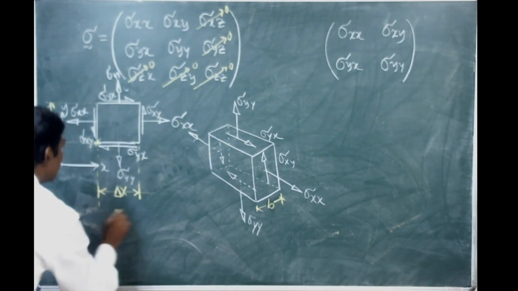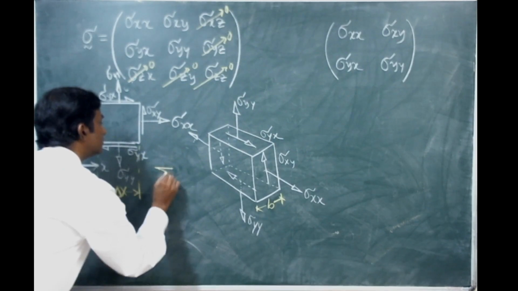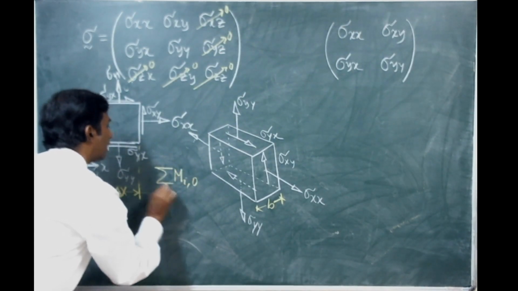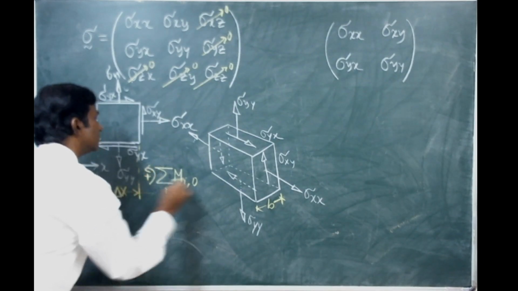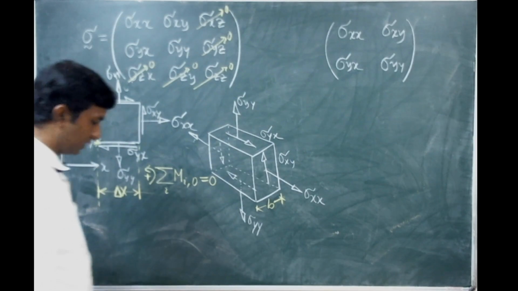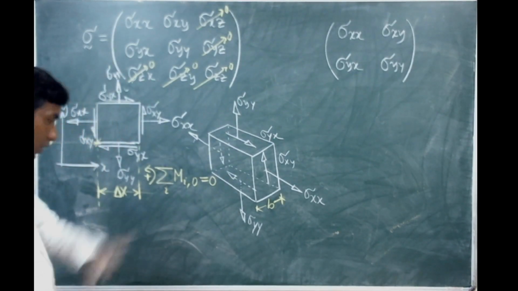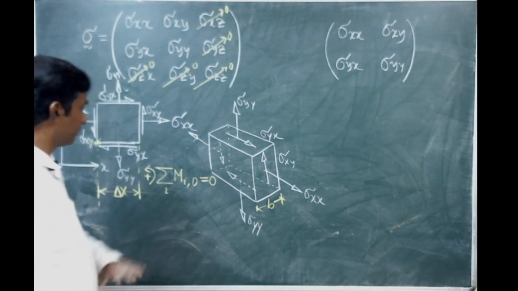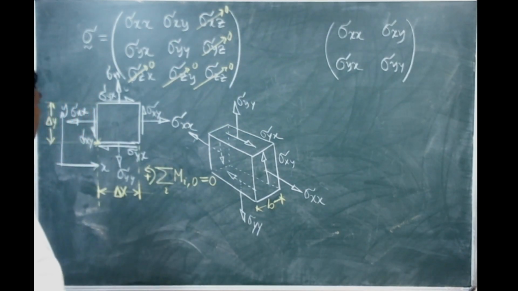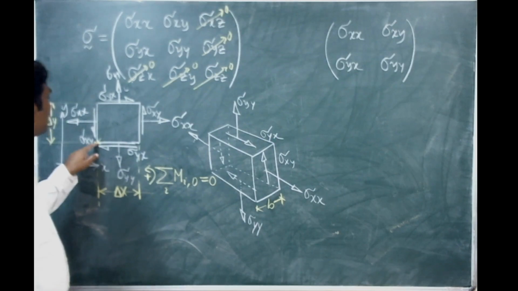So we write the equations of equilibrium. Sum of moments about point O is positive, the sum of all moments coming from all the stresses or forces, or externally applied moments if they are present, should be 0. Let us see what happens.